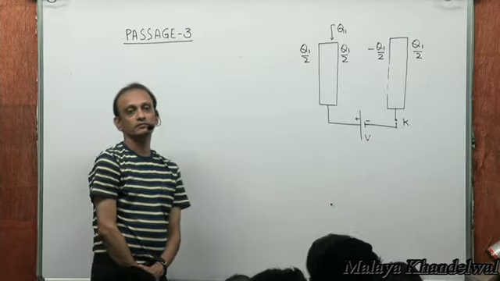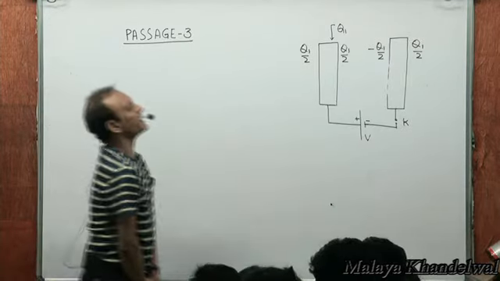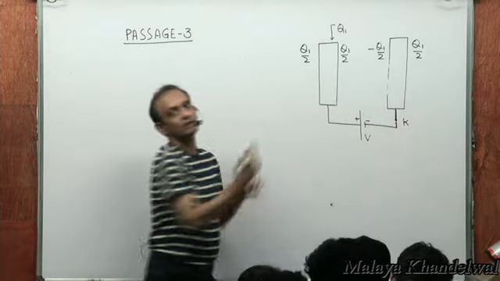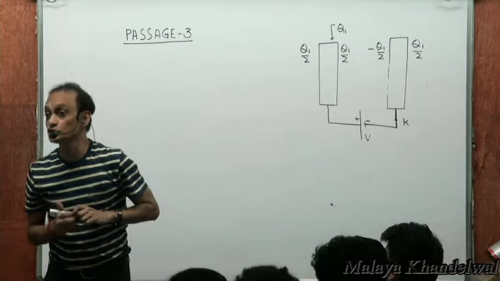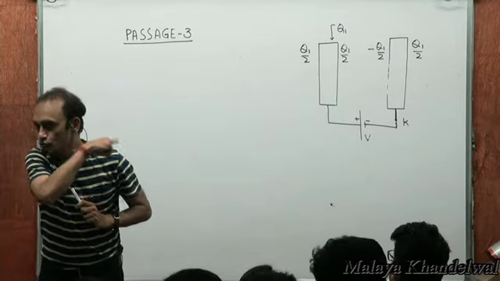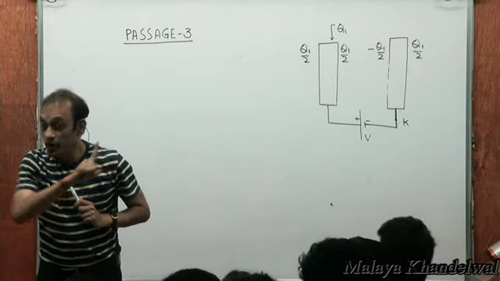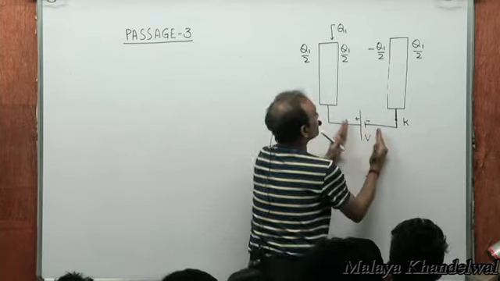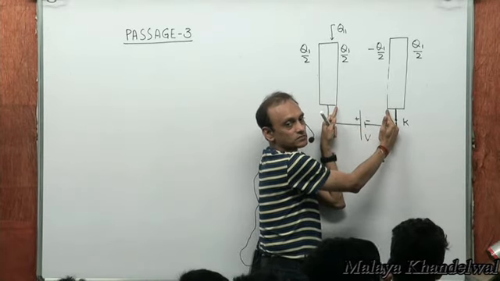Now, once I activate this switch, there would be an activity that will enable exchange of charge between the two plates of the capacitor. That will take place till the time this V appears entirely across the capacitor.